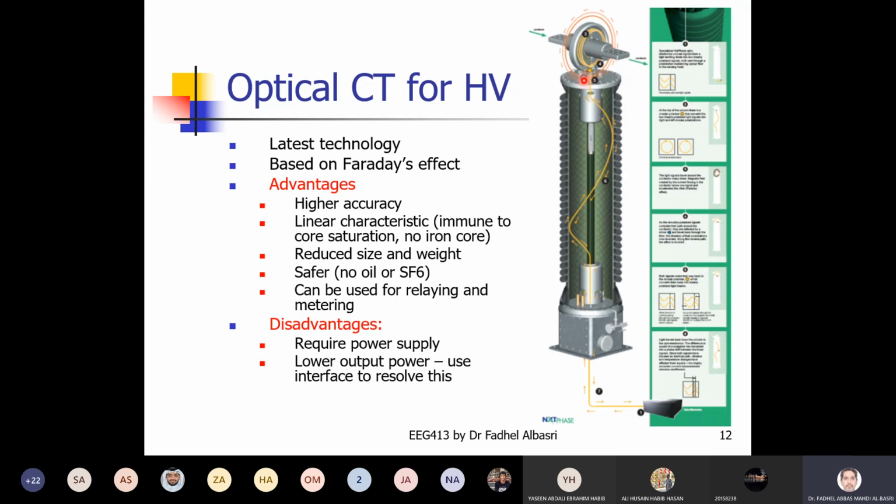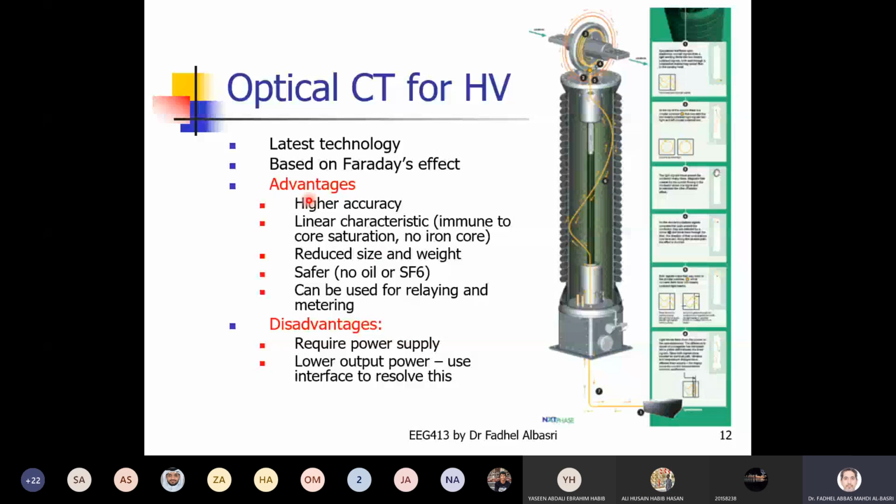So the deflection will be greater if you have a stronger magnetic field, okay? So based on the deflection between the light beam which was sent with respect to the light being received, the phase displacement is an indication of the magnetic field. If there is no magnetic field, there will be no phase displacement between the sent light and the received light. And with this, there will be no problem of saturation here.